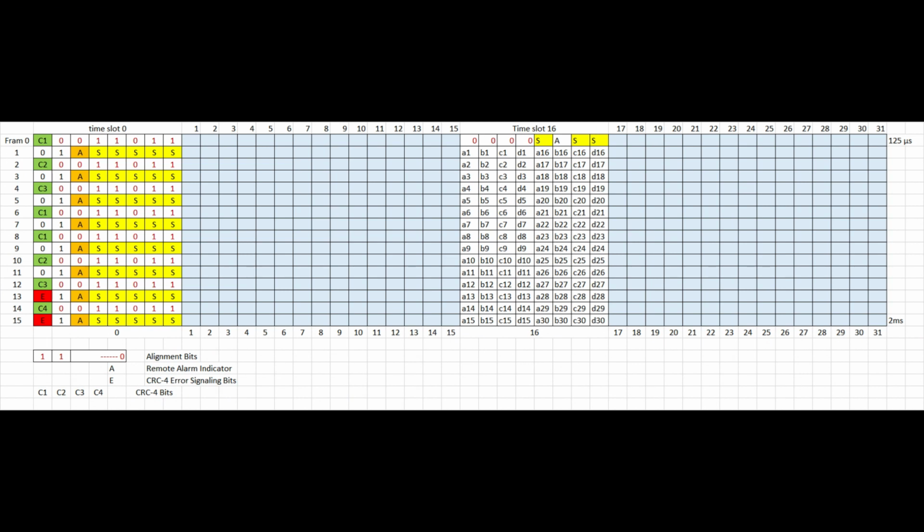So the basic speed of each channel is 8,000 multiplied by 8 bits, equal to 64 kbps. This is the standard bit rate for a single voice.